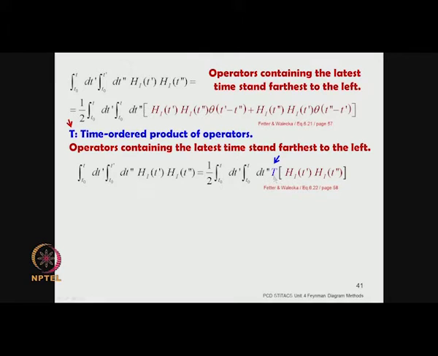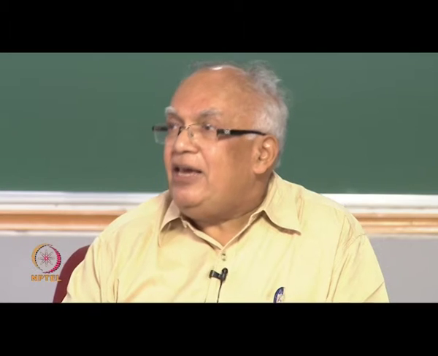And what this operator will do, the T operator, the chronological operator, is that it will force these two operators to interchange their positions if need be, if it is required that the operator with a later time stands farthest to the left.